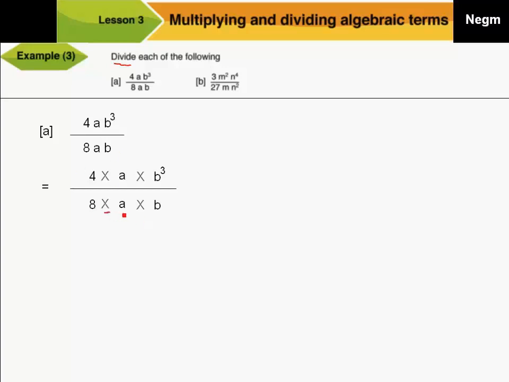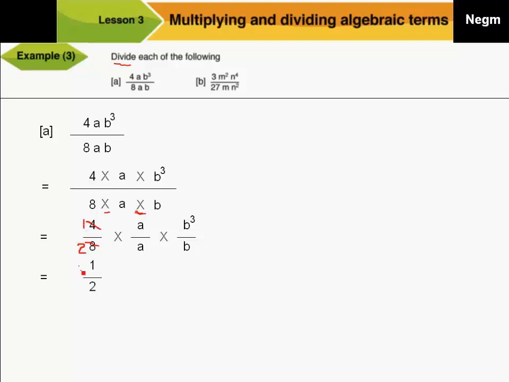We will take the numerical together and the like symbols together. Here we have 4 divided by 8 times a divided by a times b cubic or b to power 3 divided by b.